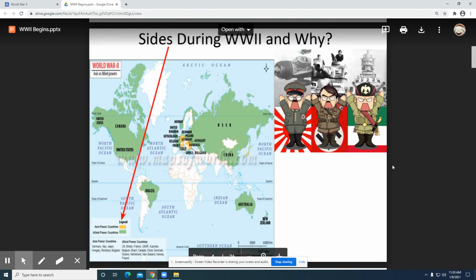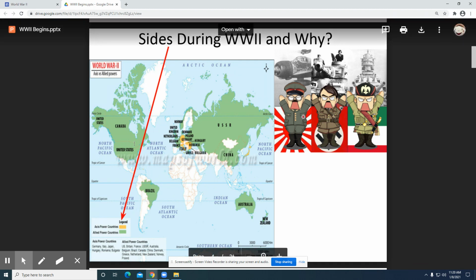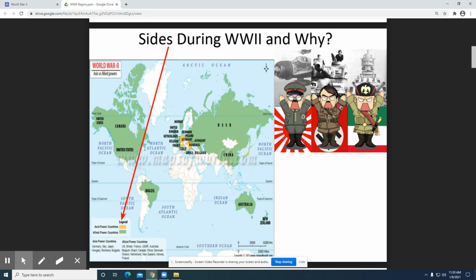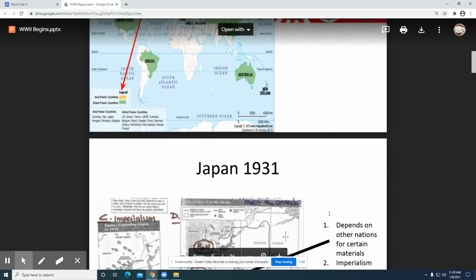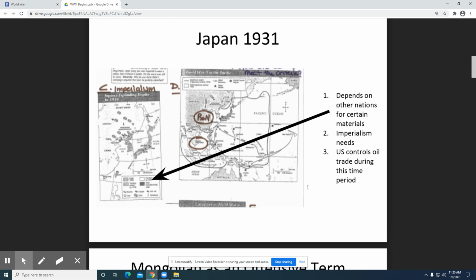Looking at this particular key, we have the Axis and the Allied powers. This map here seems to be after the 30s, because the United States is part of the alliance, and they're going to come in at a later date after Pearl Harbor. Okay, so we see some of the images here.